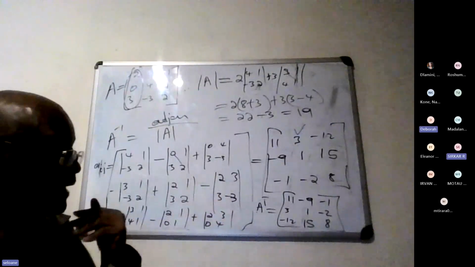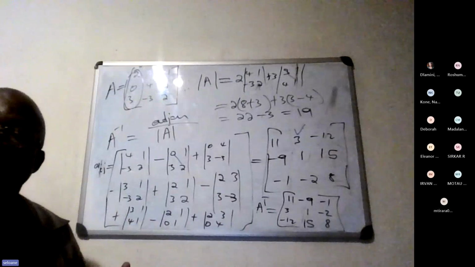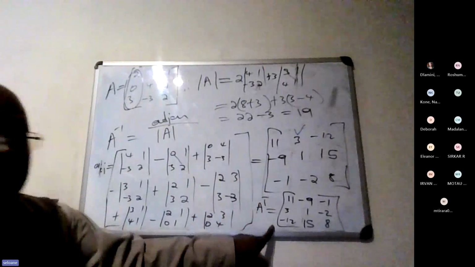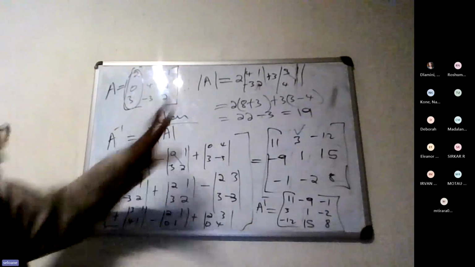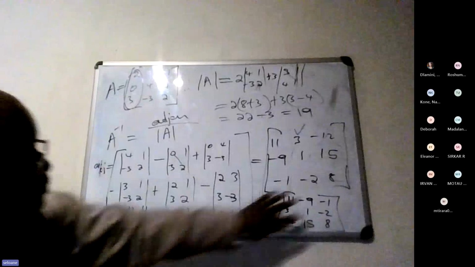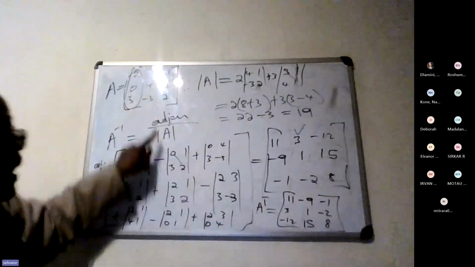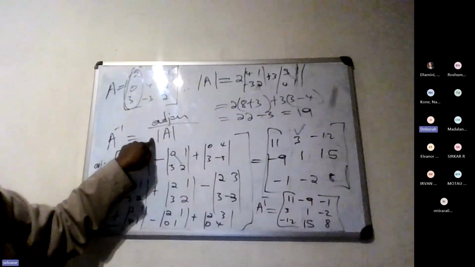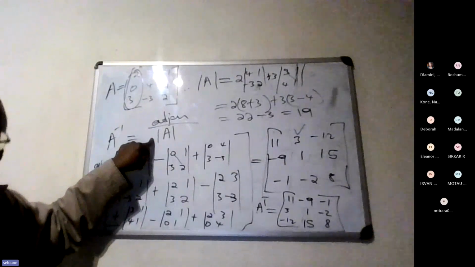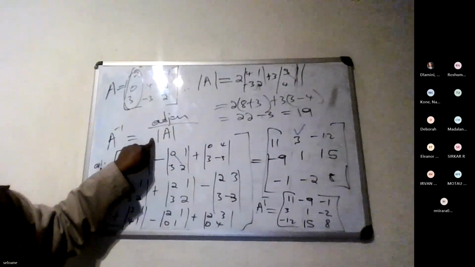But now, if you still have time, how do you check the correctness of the final answer? The inverse. We say the inverse will now be this multiplied by 1 over the determinant. Then you get the inverse. How do you verify the correctness of your inverse?